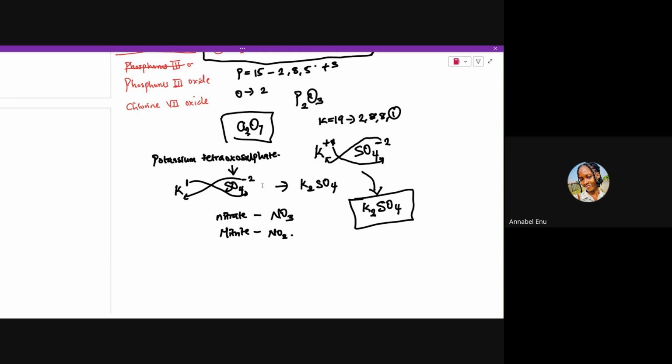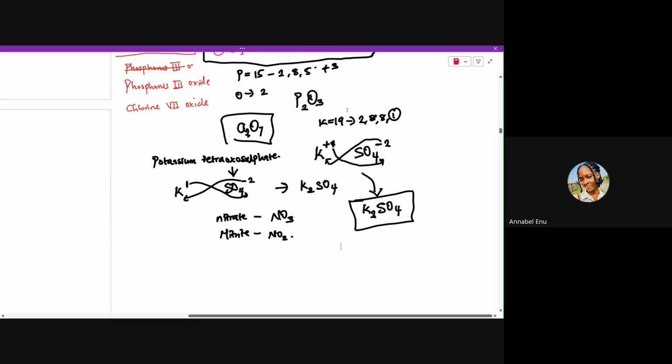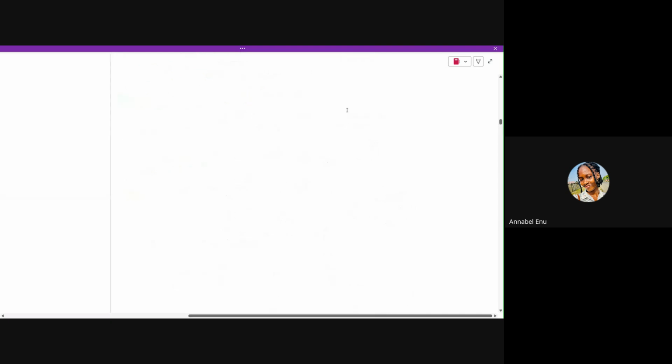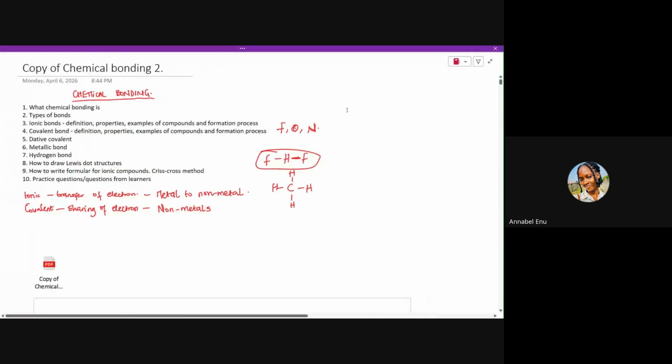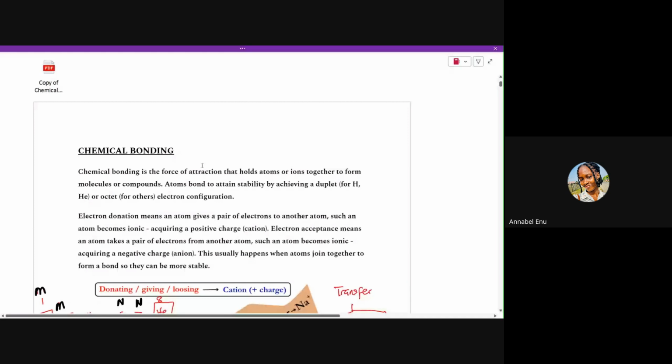Okay. Then Melody, in summary of all I've been saying, we talked about bonding. We said bonding is the force of attraction that holds atoms or ions together to form a compound.